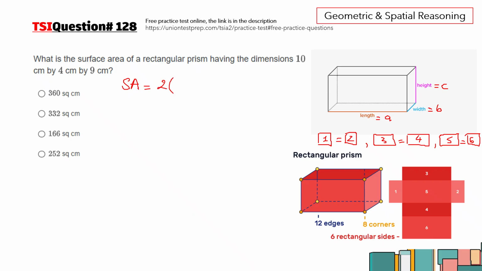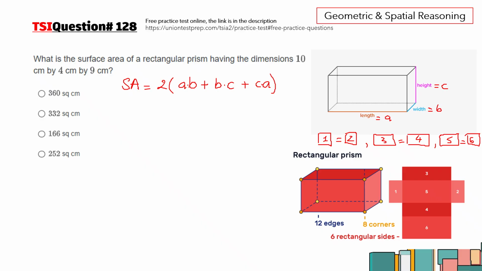The easy way to memorize it is A times B, add B times C, add C times A, and then multiply by 2.